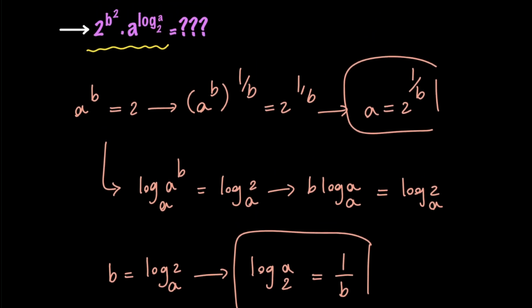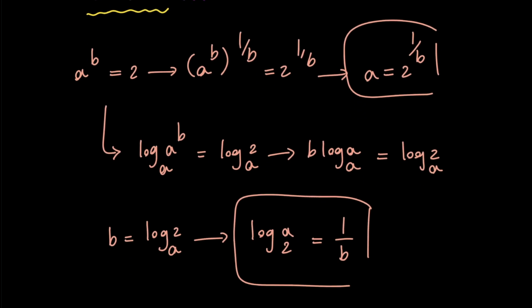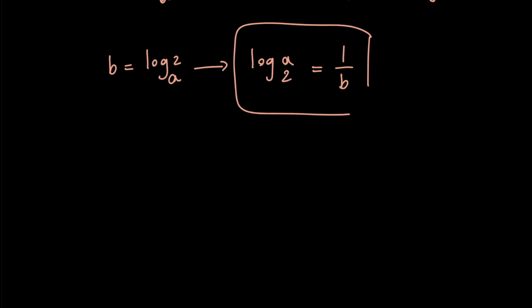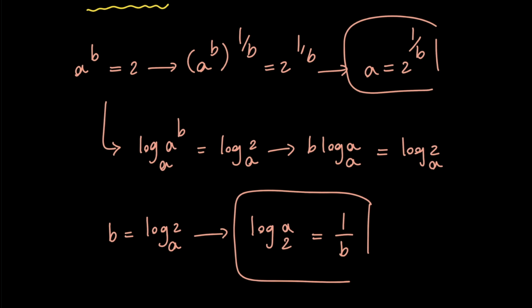But now let's focus on the second equation that we are given. The second equation is a times 2 to the power of b equals 8. Now remember that we found out that a is equal to 2 to the power of 1 over b, right?